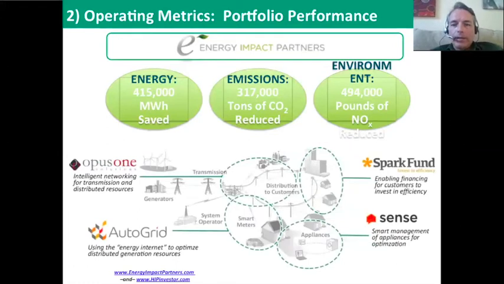So a deeper example here, Energy Impact Partners is a private equity fund. They are investing in essentially the whole energy ecosystem, primarily focused around delivery of electricity worldwide. So this includes lower income countries as well as higher income countries. Some of the general partners in the Energy Impact Partners fund are actual utilities from around the world.